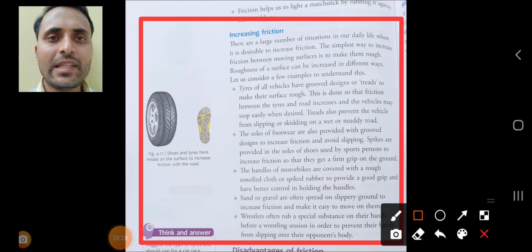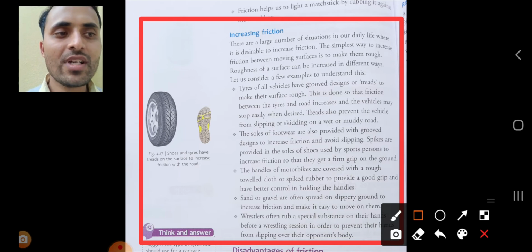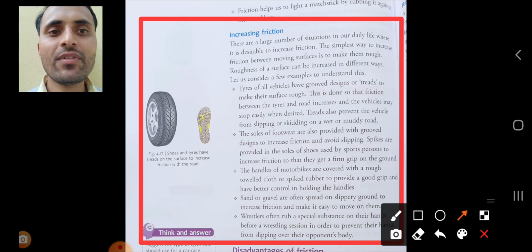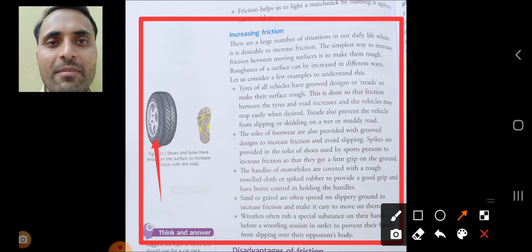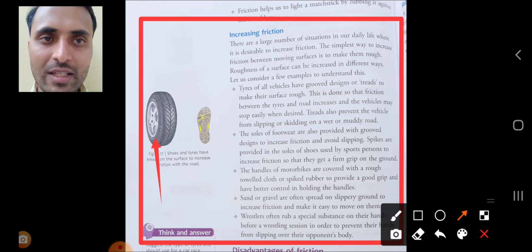Now next is increasing the friction. What are the different ways by which we can increase friction? For understanding, see the first diagram. This diagram shows a tire having a special design. There are some grooves in the surface.